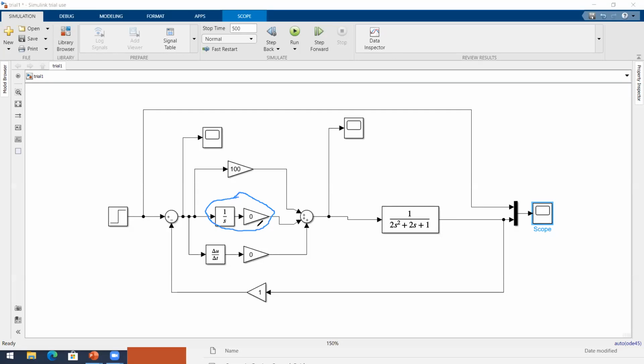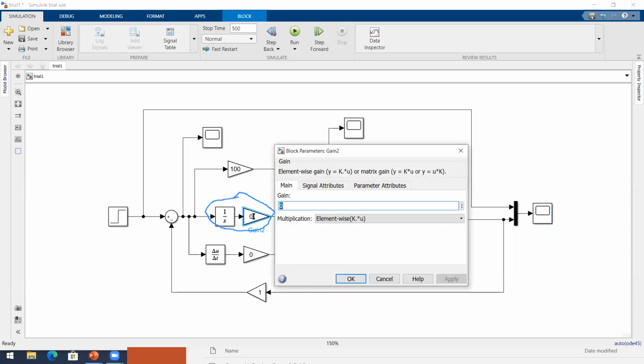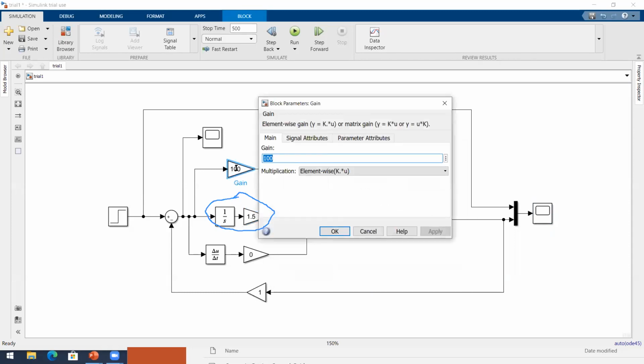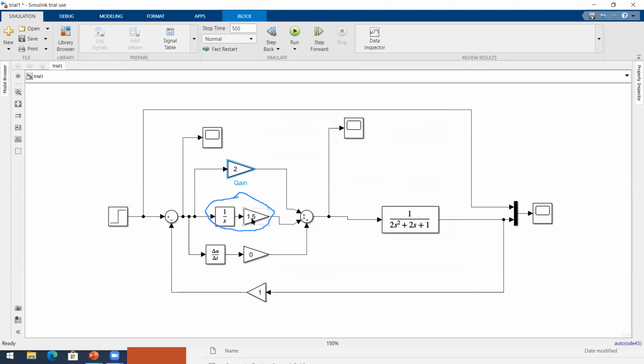I'll give it as, say, 1.5. Apply, and then I change this to, say, 2. I'll bring it to 2 and keep this as 1.5.